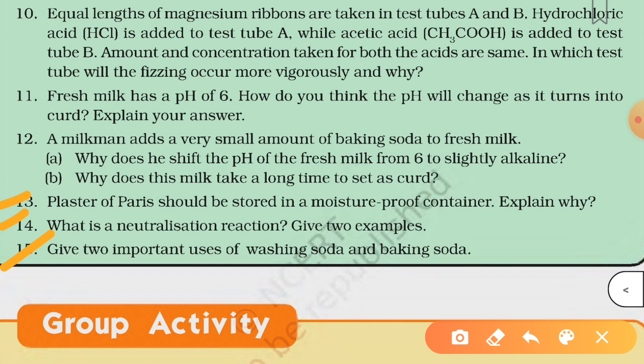For detail you can check the previous lectures. Now, uses of baking soda. Baking soda, as the name suggests, is used in bakery for baking cake, biscuits, these kinds of things. It is used in the preparation of soda fire extinguishers. We have discussed the functioning and working of this soda fire extinguisher.